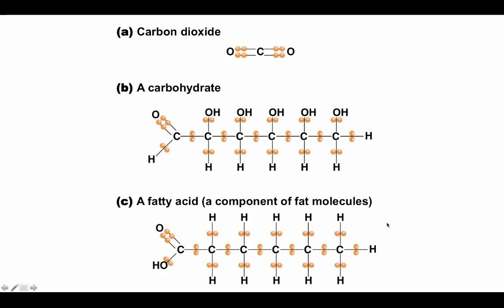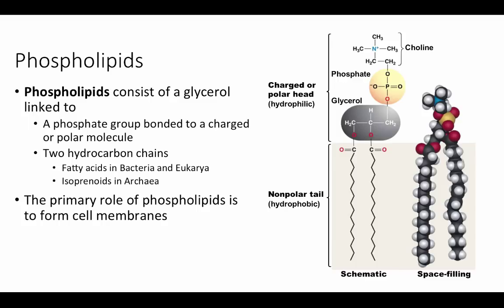But this entire tail in a fatty acid is all hydrocarbon. It's all bonds between carbons and carbons or carbons and hydrogens. There's a lot of energy stored in these fatty acids, which is why when we're really storing up energy to save for later use, we're going to do that in the form of fats because they really store a lot of energy.